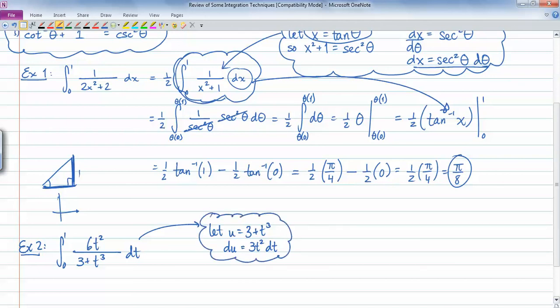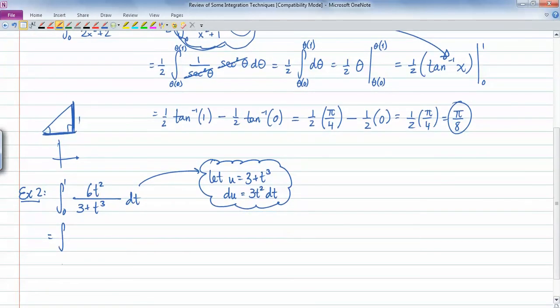So then if I go back to this problem, I'm doing the integral from 0 to 1, except I'm not really working in terms of t anymore. I'm working in terms of u. So it's really u of 0 to u of 1, where these are t values, the 0 and 1. And you could, if you want to, plug in 0 and 1 here and get those actual values. And so I've got 6t squared on top. I've got a u on the bottom.